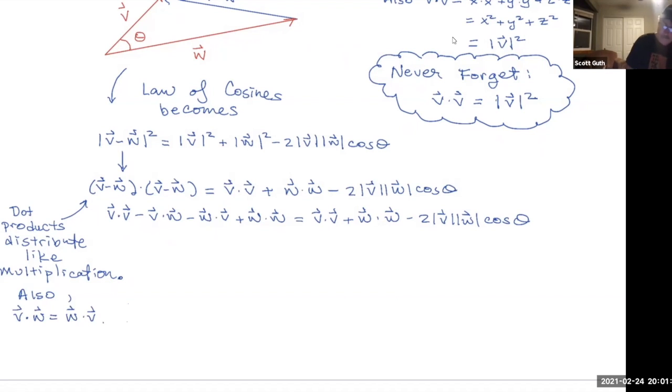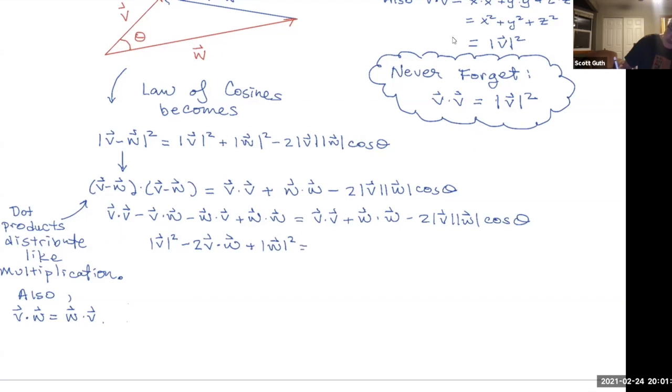Okay, so I'm about to do that now. I'm going to write v dot v, which is the magnitude of v squared. I have a minus v dot w and a w dot v. Those are the same, so I'll just write minus 2 v dot w, plus the magnitude of w squared, that's w dot w.